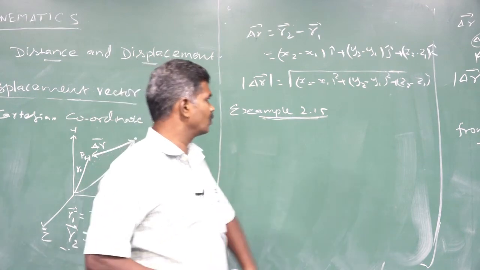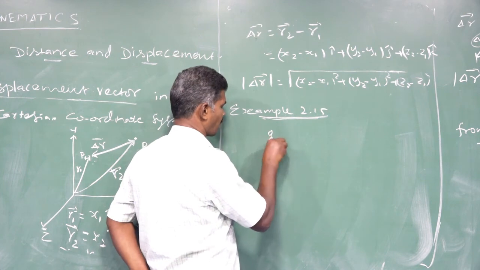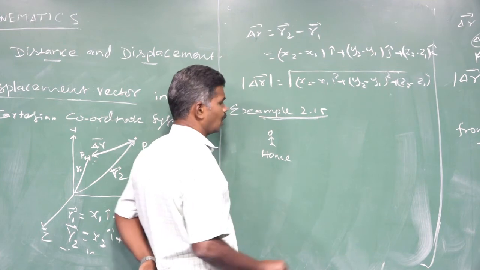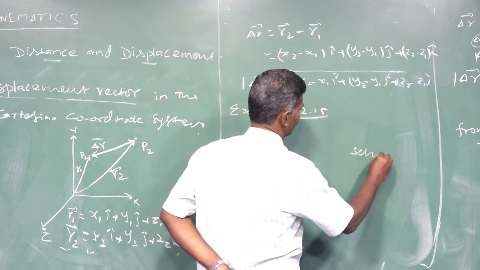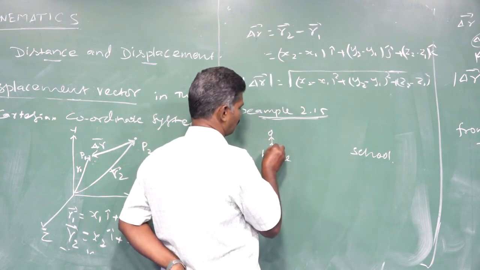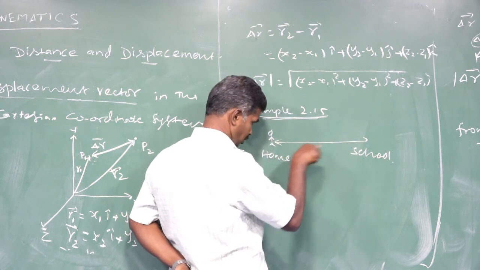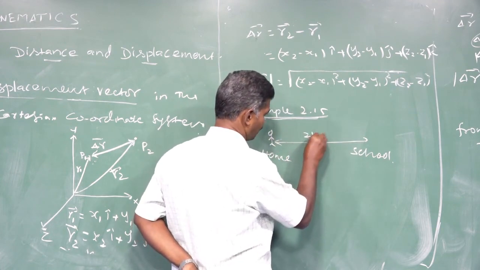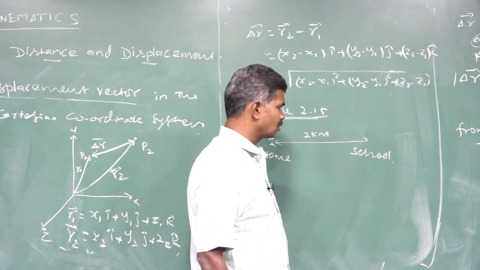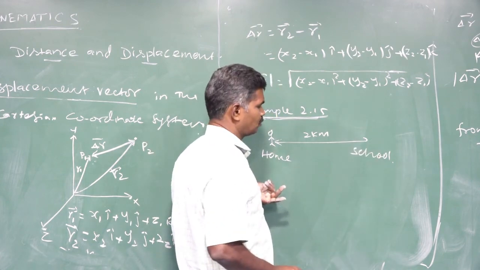There we have the content. We are at home initially in the morning. Our school is here. We want to move from our home to the school. The actual distance is 2 kilometers. We reach our school and we study. At 4:30, we return back to our home.